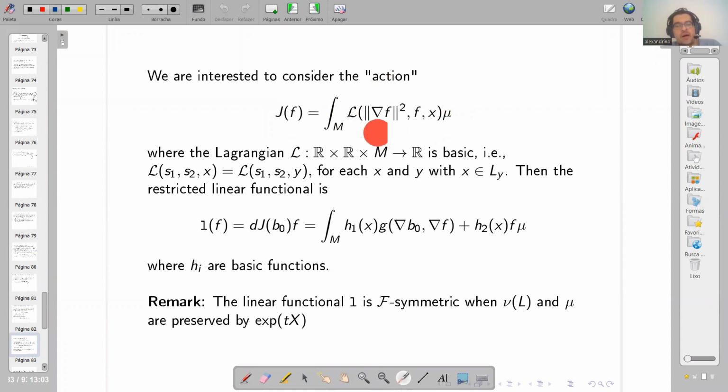You have a problem like this with a Lagrangian that is basic, that in this component here, x and y give you the same value for your Lagrangian when the points belong to L. If you are dealing with this kind of problem, that is the Yamabe problem, the P-Laplacian, the P-Kirchhoff problem, so if you are dealing with the calculus of variations with this, then your L takes this form.